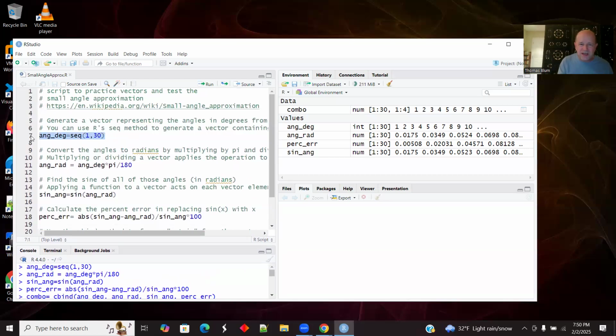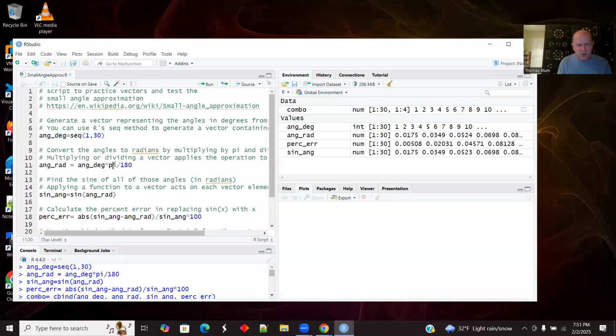So I can use seq if I have just a simple sequence of numbers and I want to create a vector from it. They make that easy so I don't have to type 1, comma 2, comma 3. It'll do it for me. Any simple operation that I apply to a vector gets applied to all the elements.